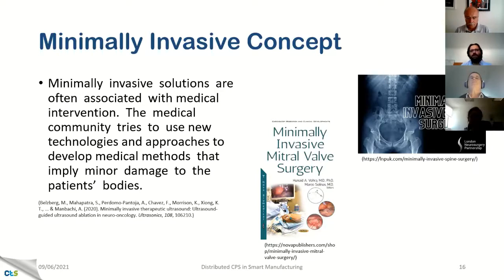The problem is that most of the factories already exist, and we need to somehow provide strategies and approaches that can be applied in current factories in order to start this process of using these emergent technologies.